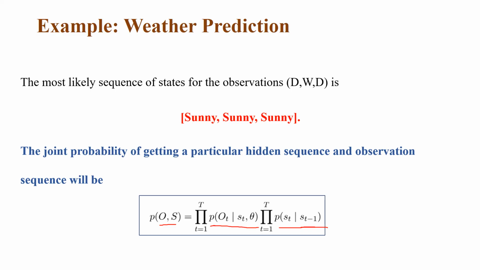This is the formula which gives the joint probability of getting a particular hidden sequence and the observation sequence.